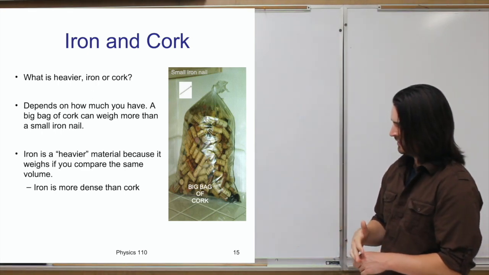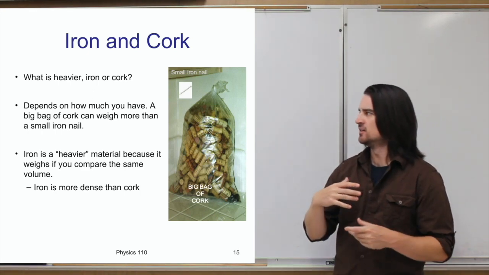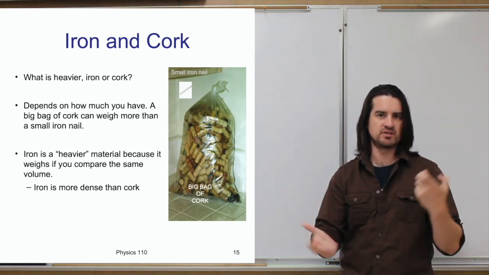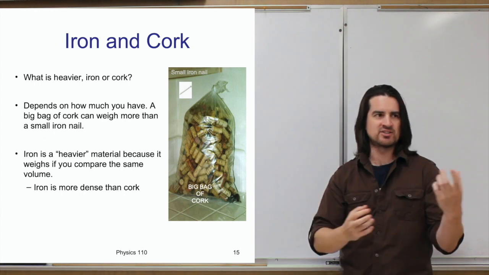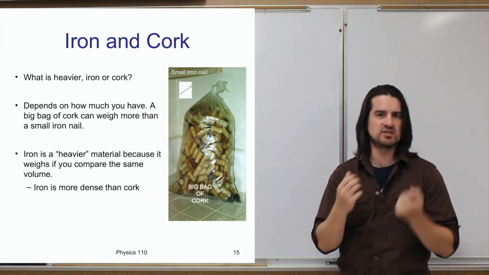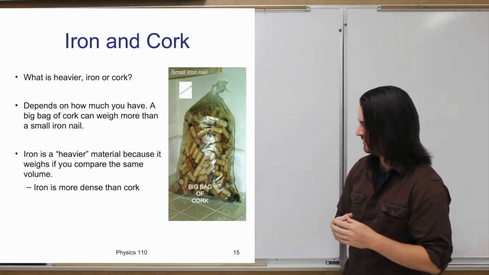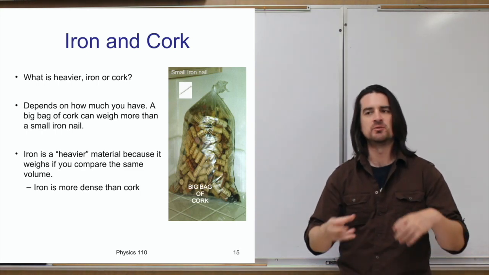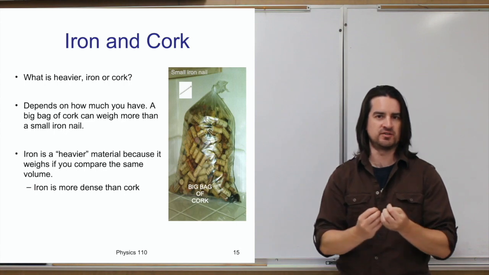No. So oftentimes when you want to compare materials, like how heavy one material is compared to the other, what you're really asking is how dense is that material? What's the density of those materials? So if we want to compare how heavy something is or how dense something is, we need to compare the same volume of material.